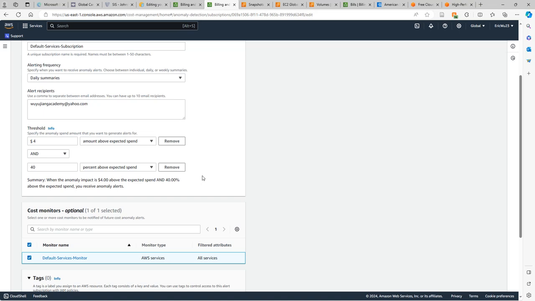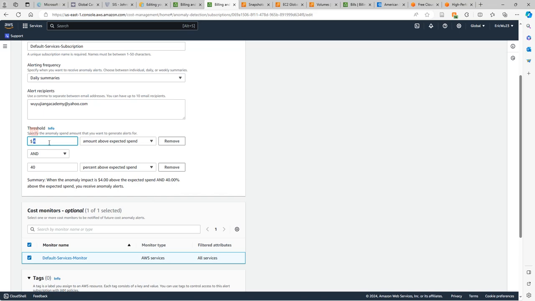But just be careful, this is a daily expense. So in my case, my monthly expense is like 4 point something dollars, so this will still not work.